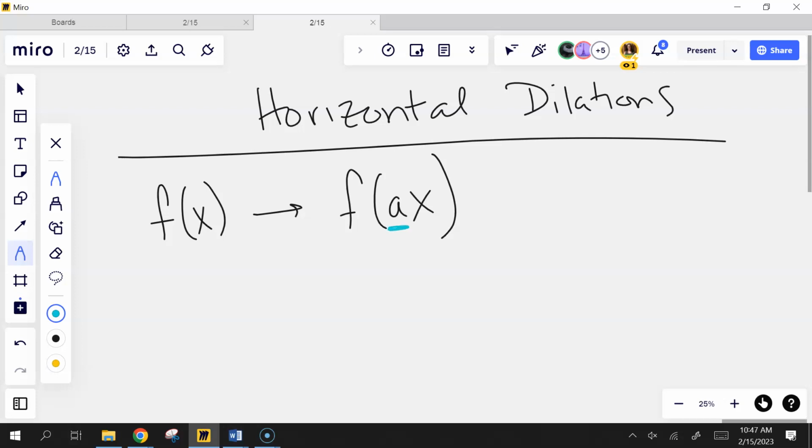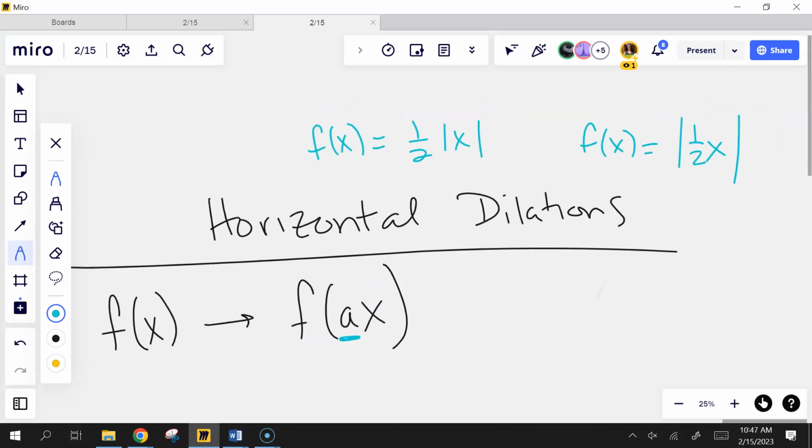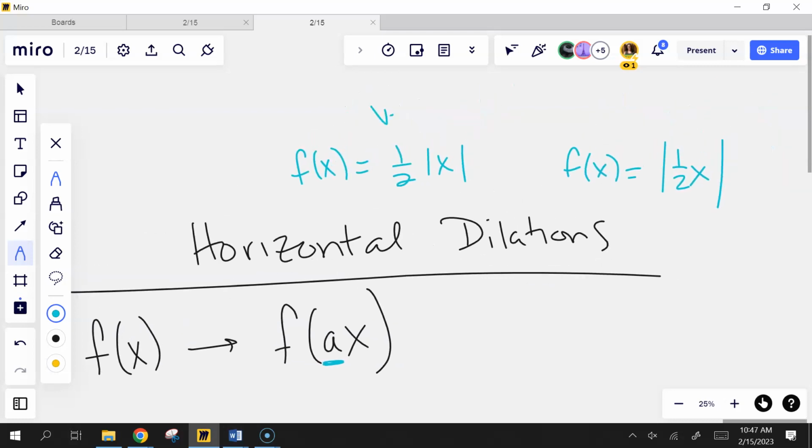So before, the other one was in front, right? So if I had f of x equals 1/2 times the absolute value of x, then hooked to it, if I had, and I know in this case it's the same thing, but it's not always. See how it's hooked with x and included in any grouping symbols? That's the difference in vertical as opposed to horizontal.